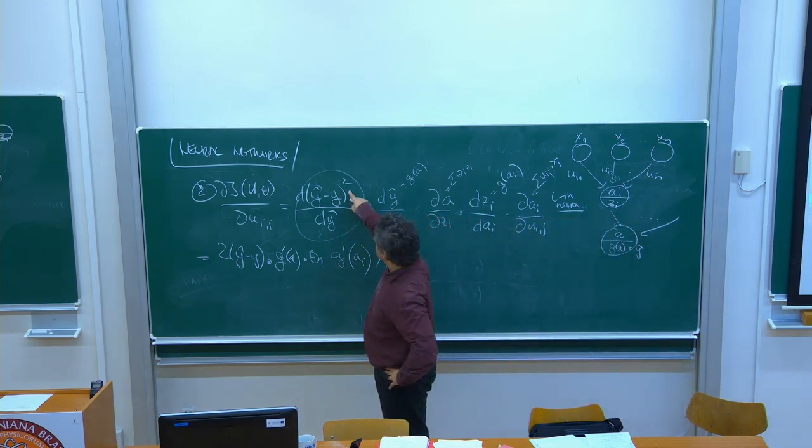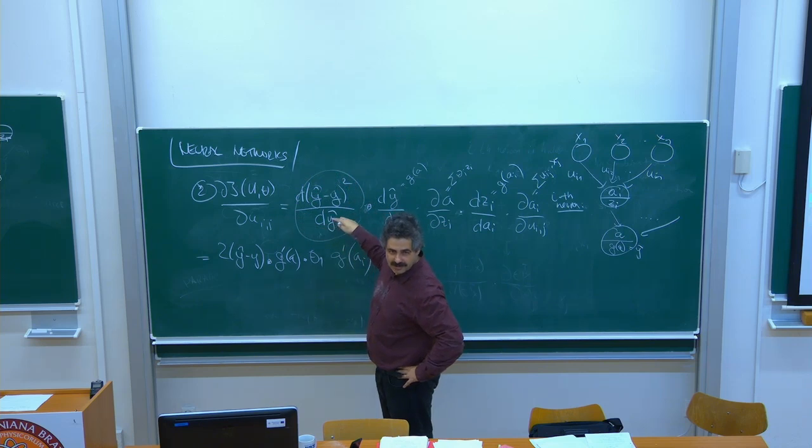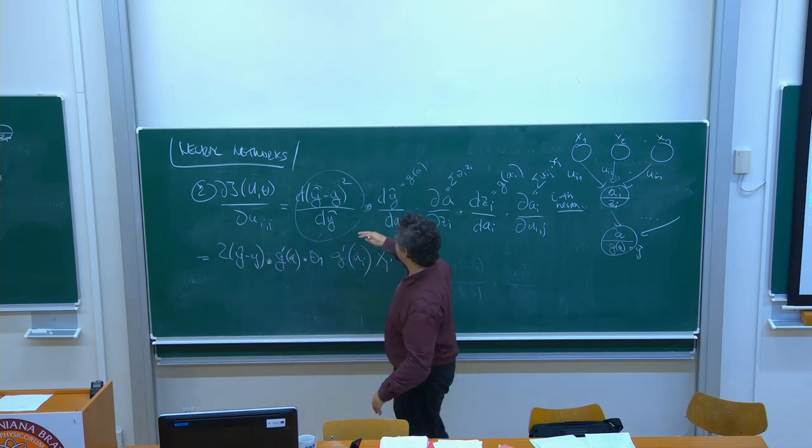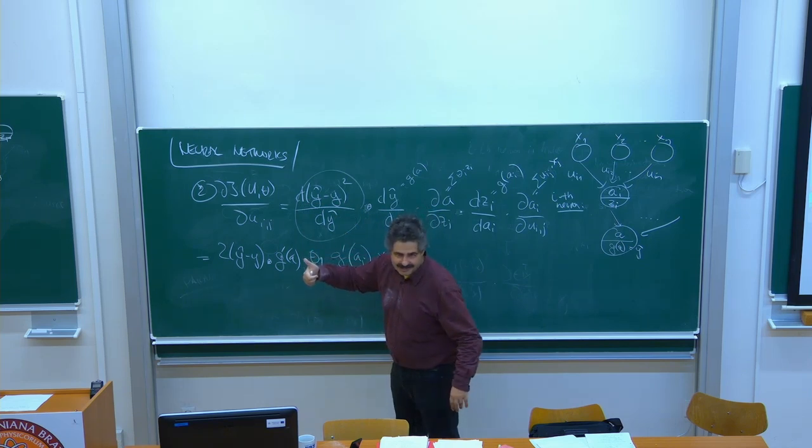No, because this is actually also a chain rule, right? So you first do the derivative of this over y hat minus y, which gives you 2 times y hat minus y, times the derivative of the inside over y, which gives you 1.